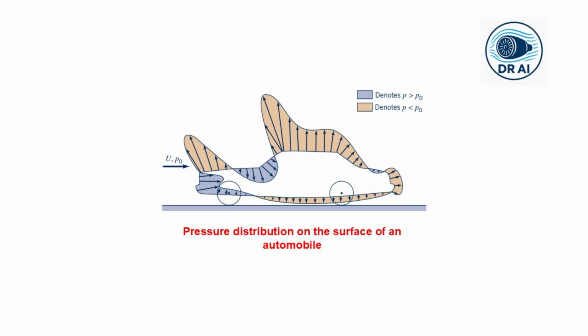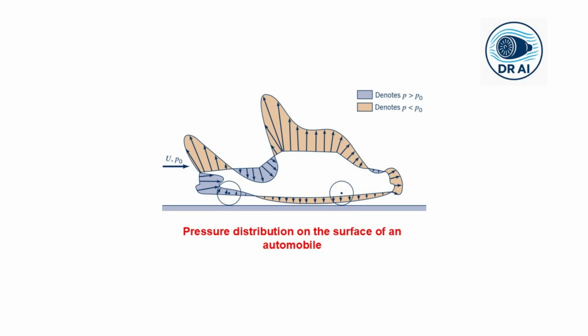For a typical passenger car, this lift is undesirable. It reduces tire traction and affects handling. That's why some cars add spoilers or aerodynamic devices to manage the pressure distribution and reduce lift, or even create negative lift, downforce, that pushes the car onto the road.